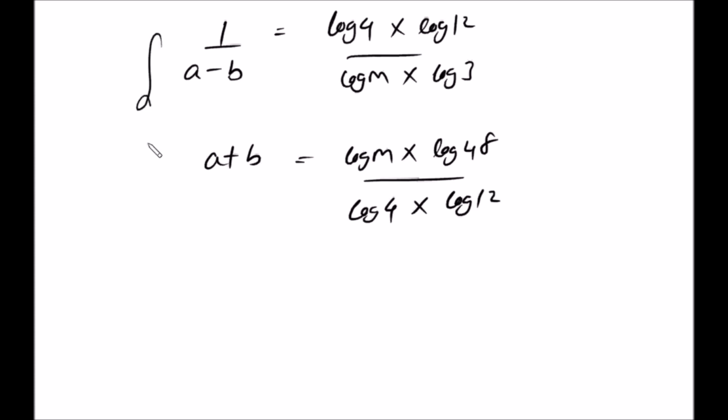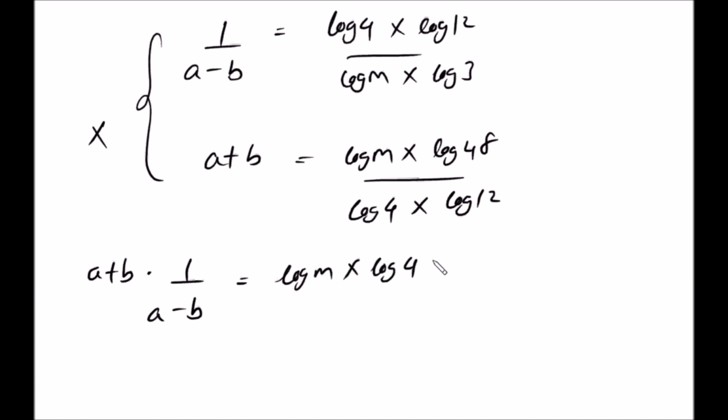So nikizidisha hizi mbili, so nikizidisha a plus b, zidisha kwa 1 over a minus b. Kwa hiyo a plus b ni huyu huku log of m times log of 48 over log of 4 times log of 12. So yote nazidisha na nini? Na huyu huku.